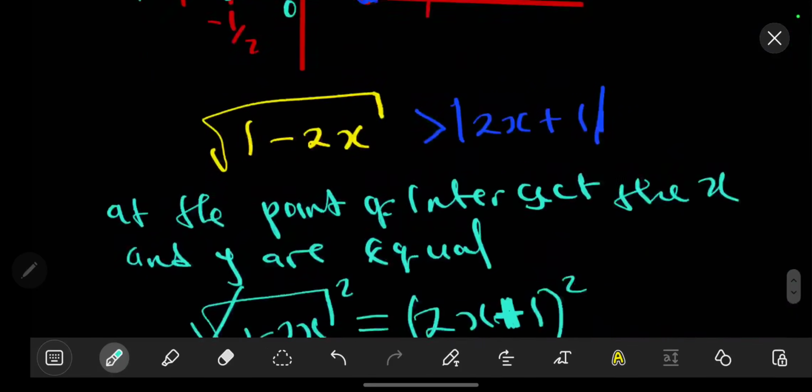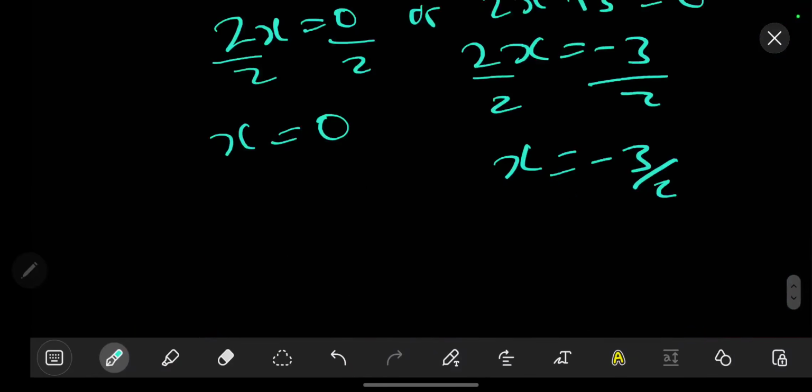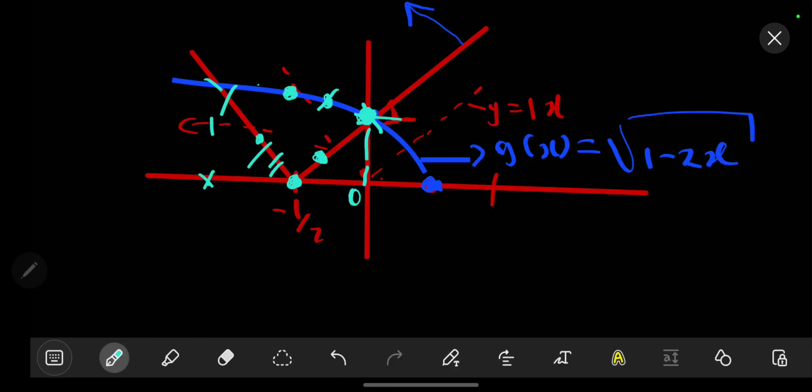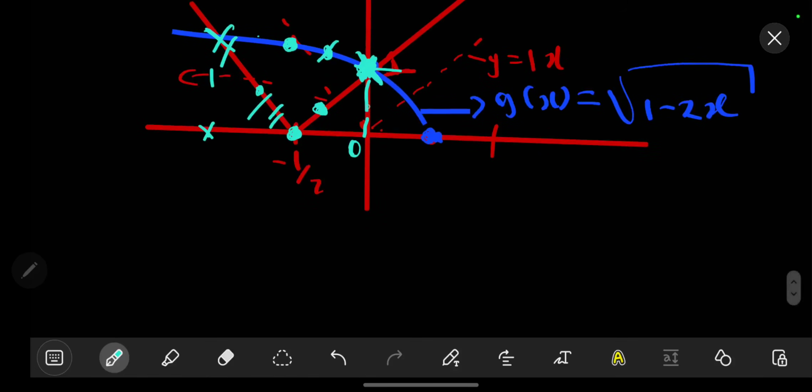So as you can see, that's the region there. We have a 0 here, we have another point there. So the interval is from 0 to -3 over 2.